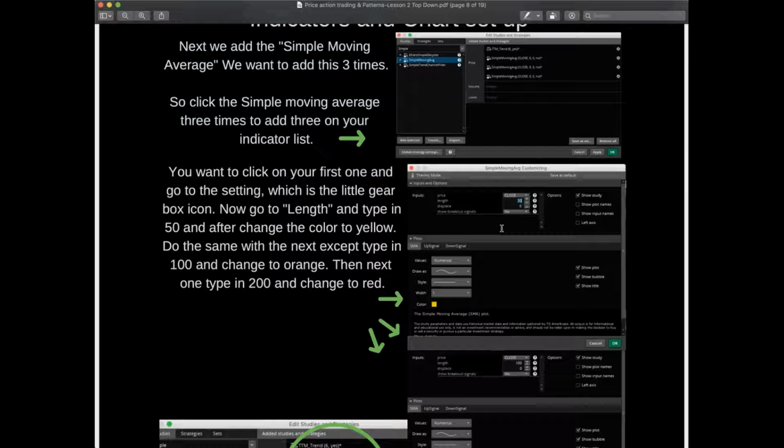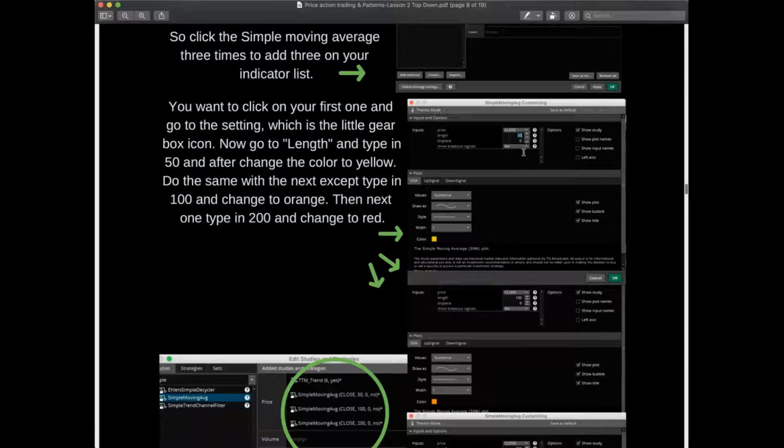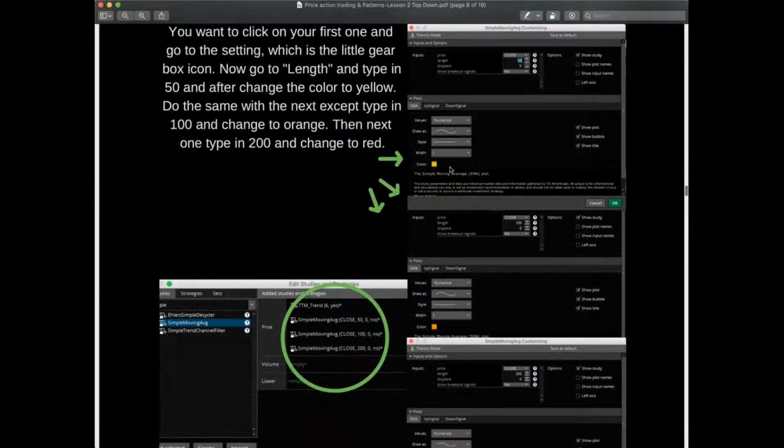Those are your basic simple moving averages. We just type in simple, and it has simple moving average in it, and we click it 3 times. Then we change the length of it: one of them will be 50, one of them will be 100, one of them will be 200-day. And then we want to change those colors.